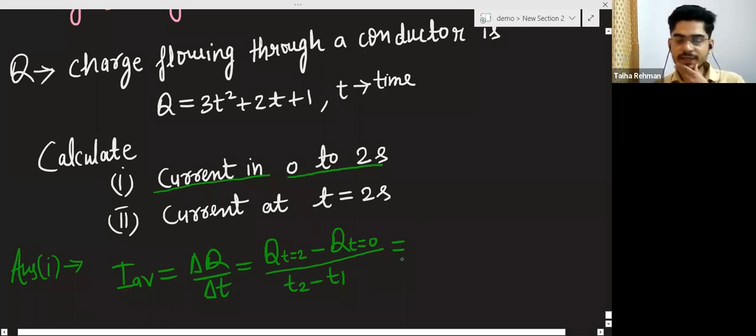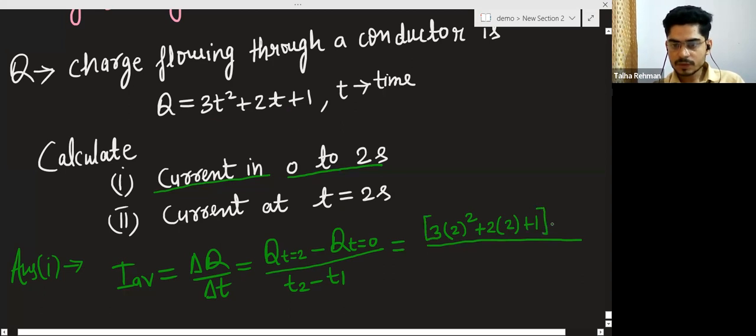When you calculate this, charge at t equal to 2 means put the value of t equal to 2 here. So this will become 3 into 2 square plus 2 into 2 plus 1.